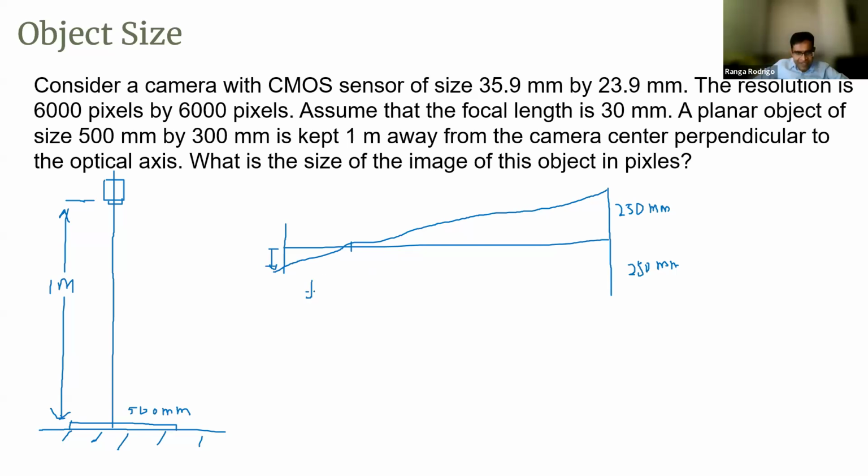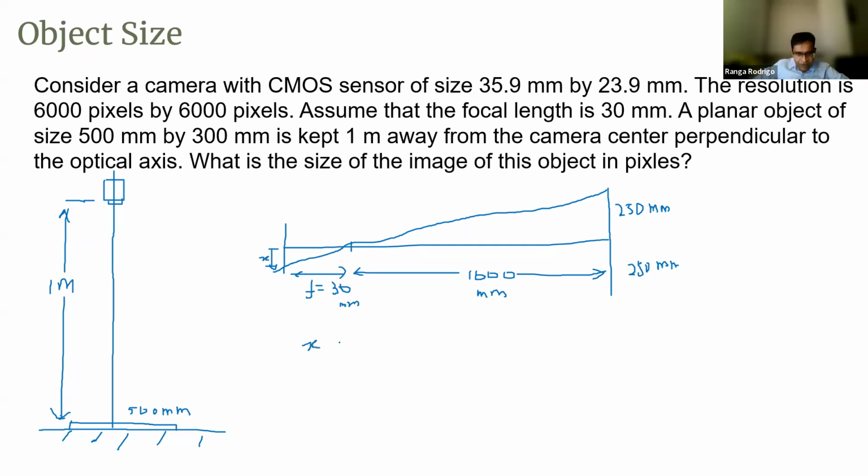We know that the focal length is 30. From the camera center to the sensor, this is 30. From the camera center to the object, it is 1000. 1 meter is equal to 1000 millimeters. This is x. Let's call this x in millimeters.